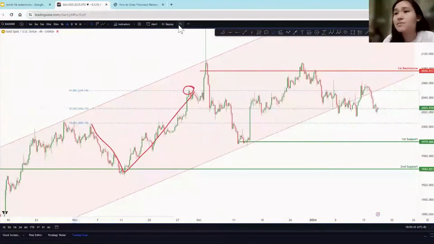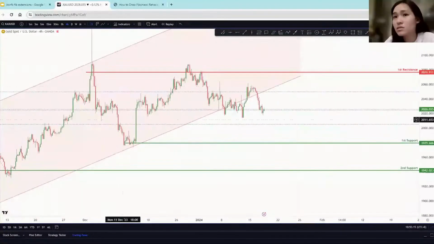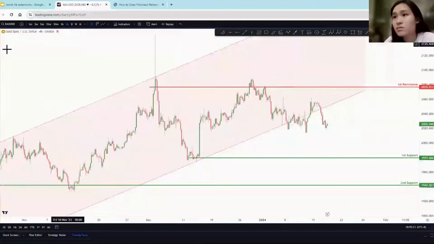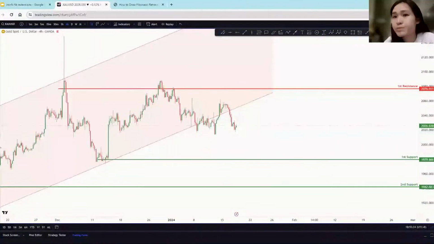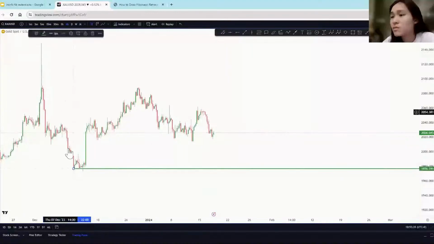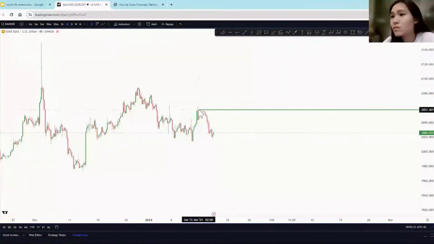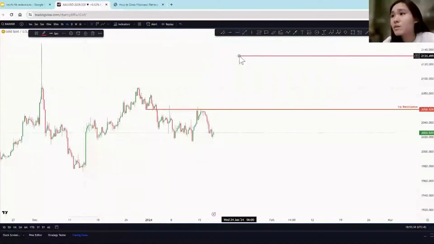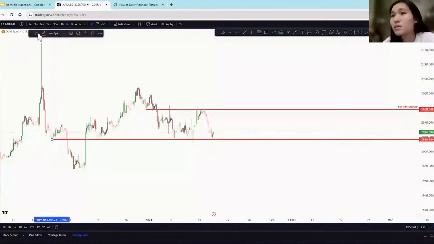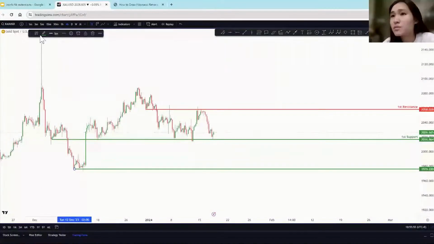Okay, so this would be my first resistance, this is my first support, and then my second support here.